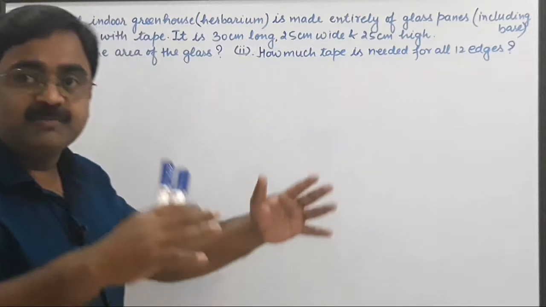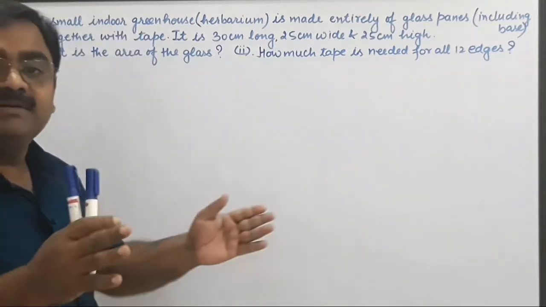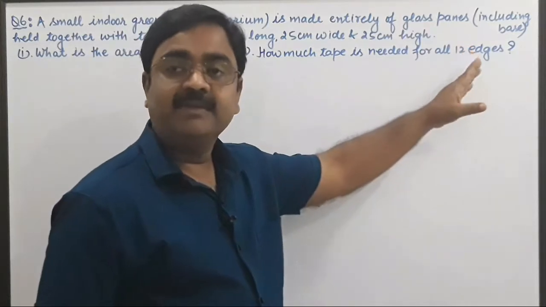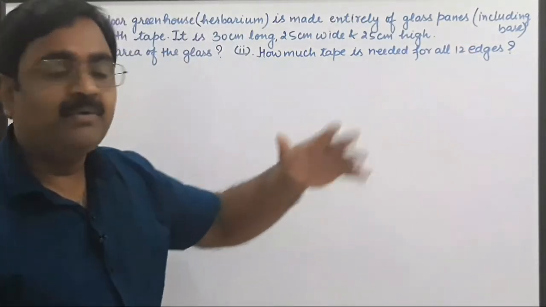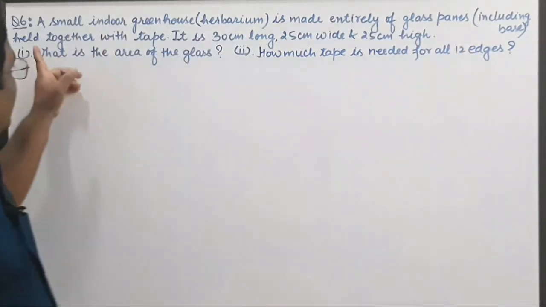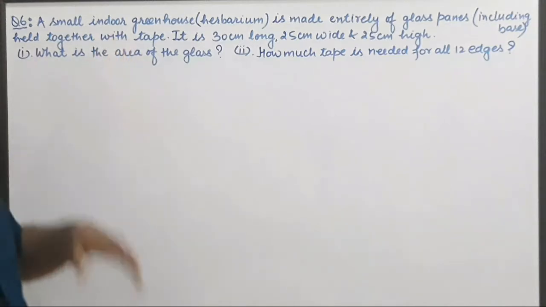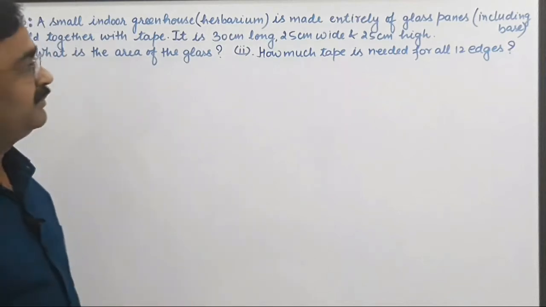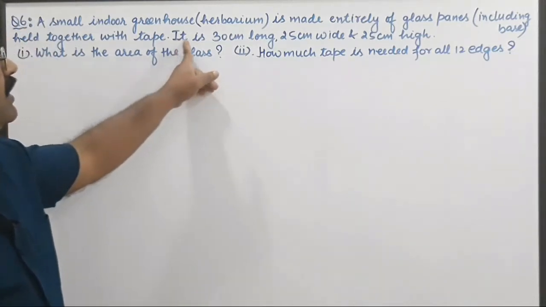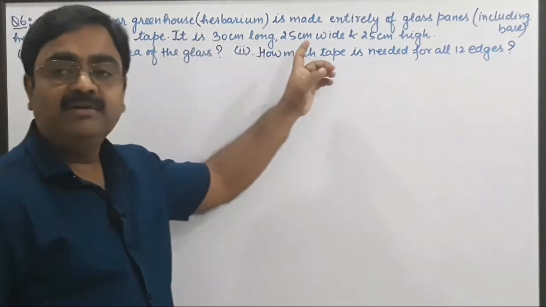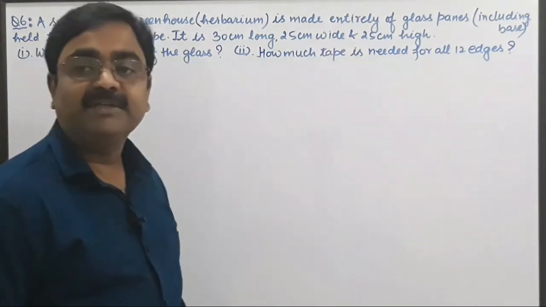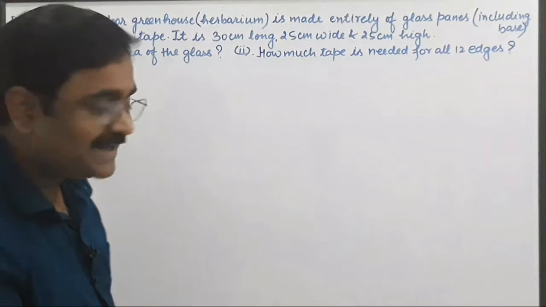That herbarium is made totally with glass panes, including the base and top also. It is held together with tape, means they all are joined with tape. If it is 30 centimeter long, 25 centimeter wide and 25 centimeter high, then there are two questions it is asking.